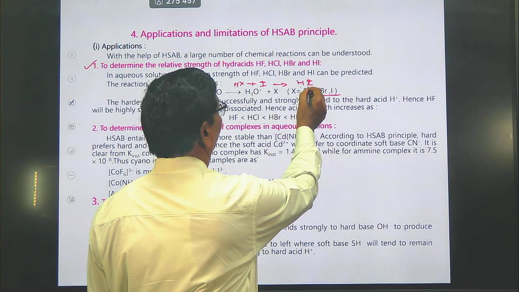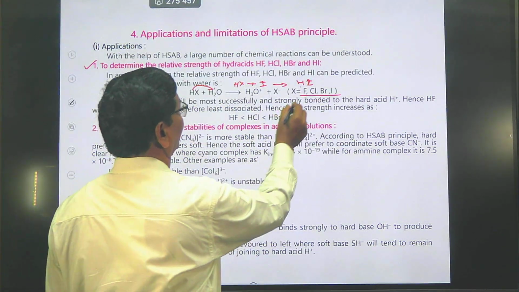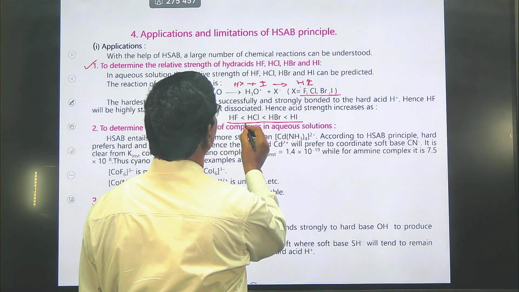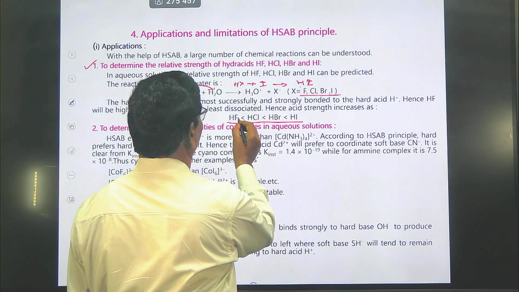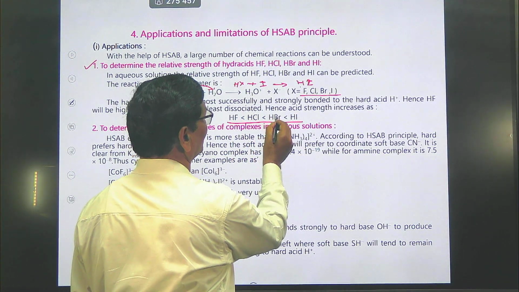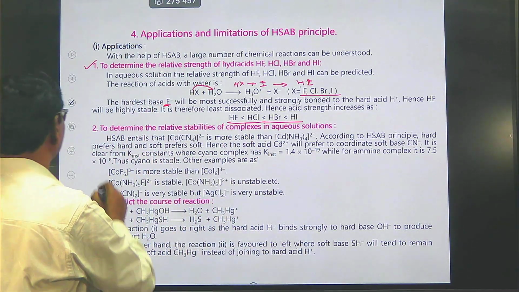Therefore, HI is very less stable as compared to HF. It means the stability decreases from HF to HCl to HBr to HI. This is the sequence. This is the first application.